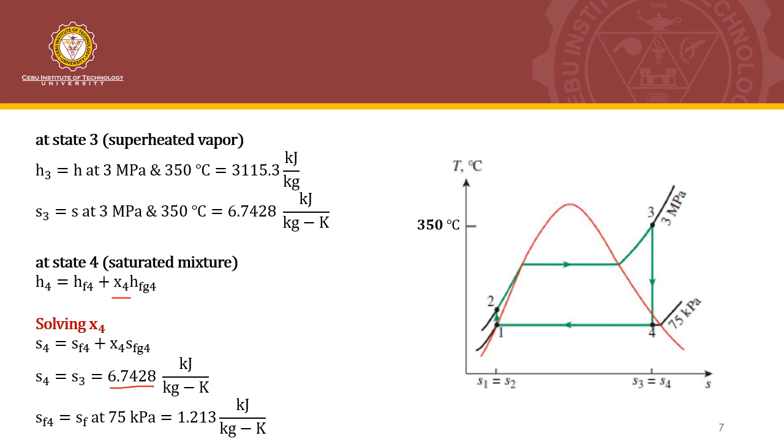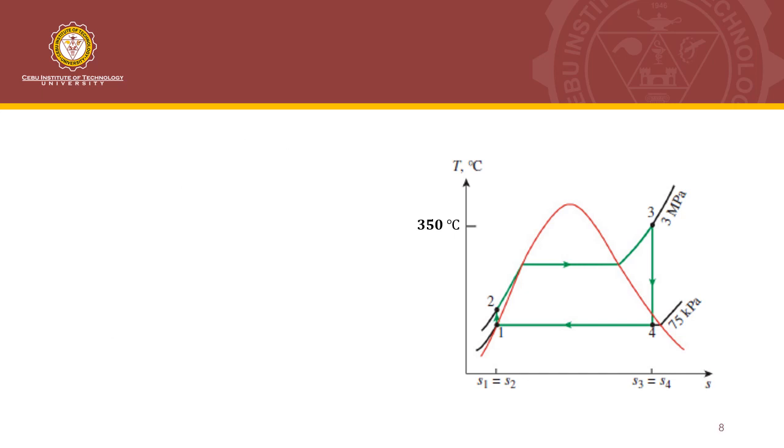Also, we can get the value of SF4, which is the entropy of the liquid at 75 kilopascal. So that is 1.213 kilojoules per kilogram Kelvin. So we already have the value of SF4 and also the value of S4. So we need to get the value of SFG4. SFG4 is equal to the SFG at 75 kilopascal, and that is 6.2434.